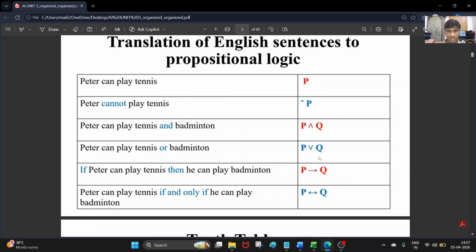They are connected using the connective or. If Peter can play tennis, then he can play badminton. Since if-then has come, we can use the implies statement: P implies Q. Peter can play tennis if and only if he can play badminton. Here you can use the bidirectional, that is the biconditional.